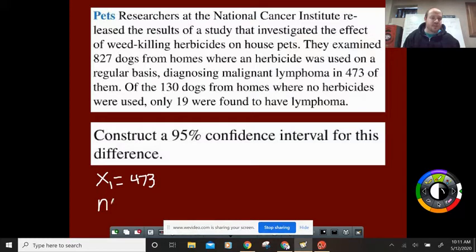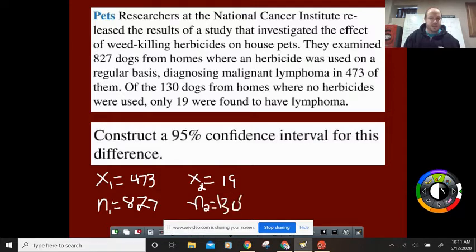Then we have the total sample size for that first one was 827. And then the sample number of successes for the second one was 19, and that was out of a sample size of 130.